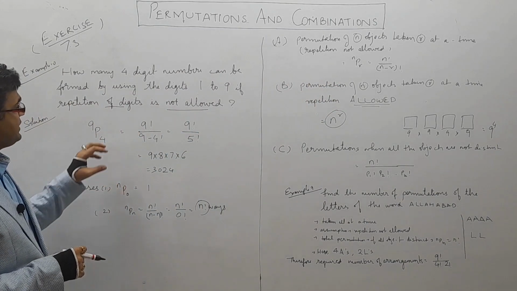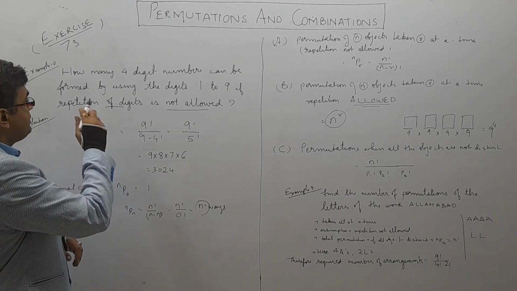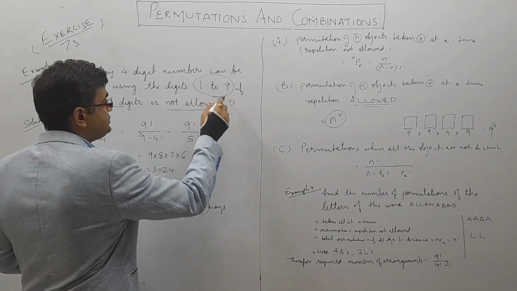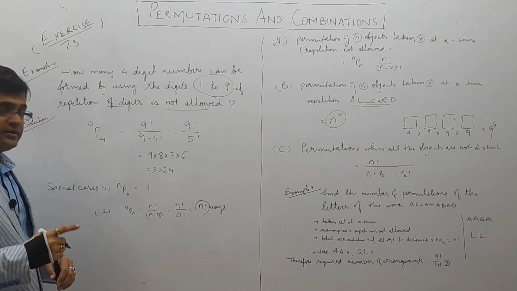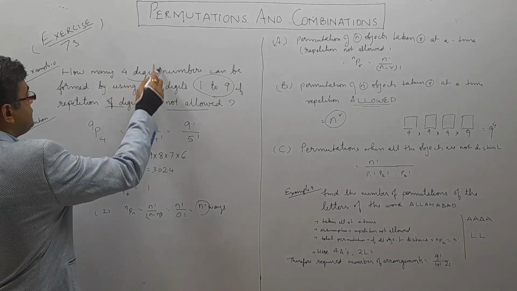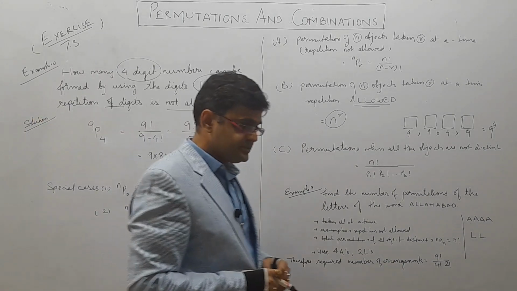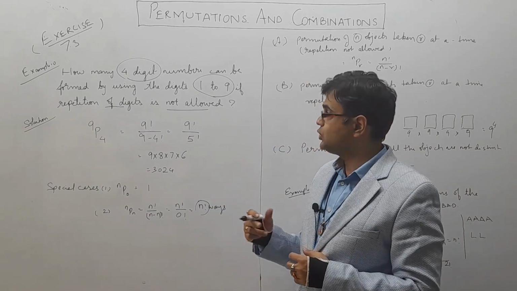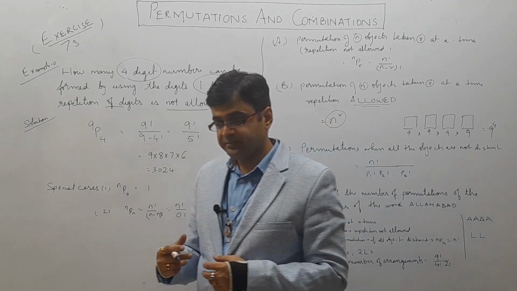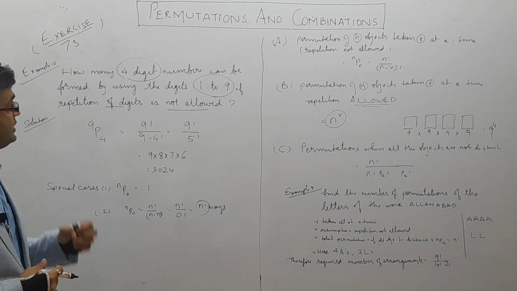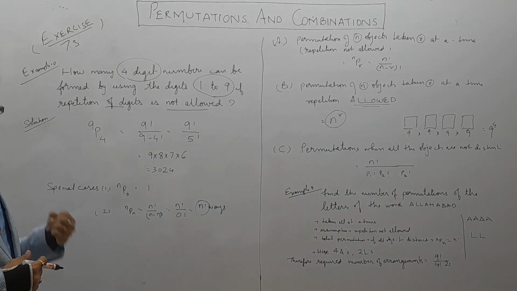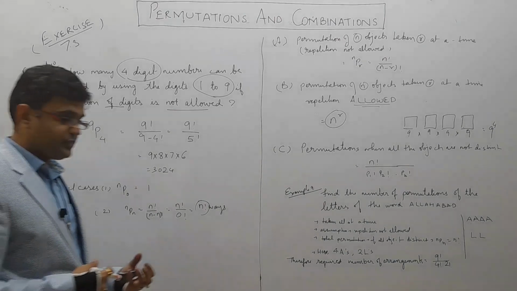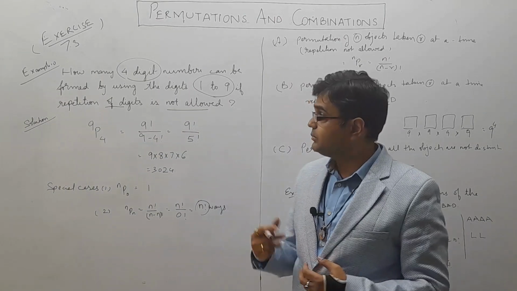Here simply we'll apply the formula, because there are 9 objects, digits 1 to 9, and we have to form 4-digit numbers from these 9 digits. So a total of n objects, which is 9, are available to us, from where we have to make 4-digit arrangements or 4-digit numbers.